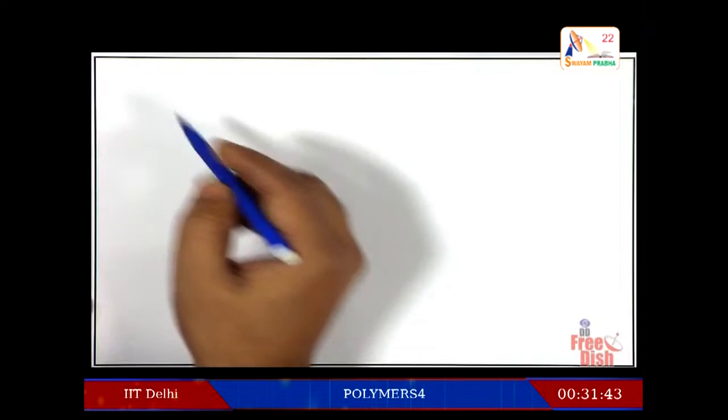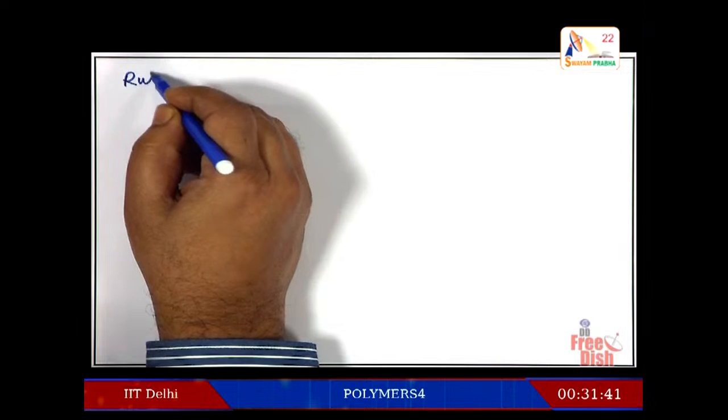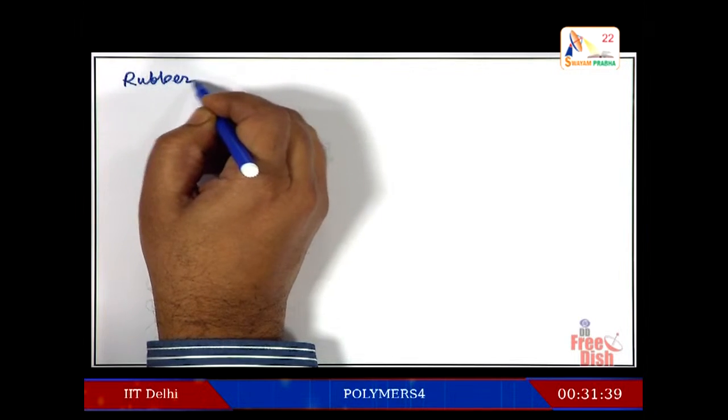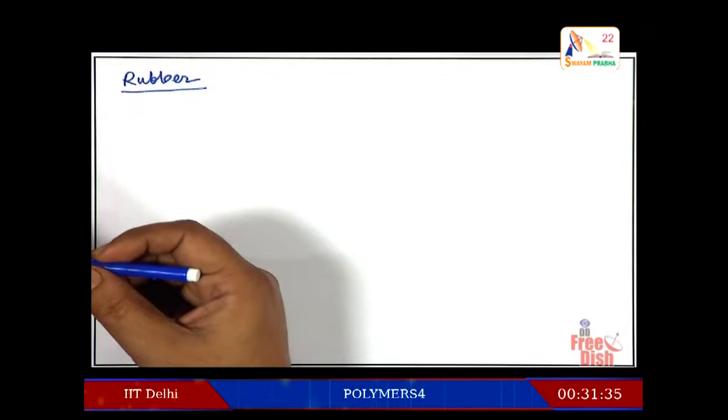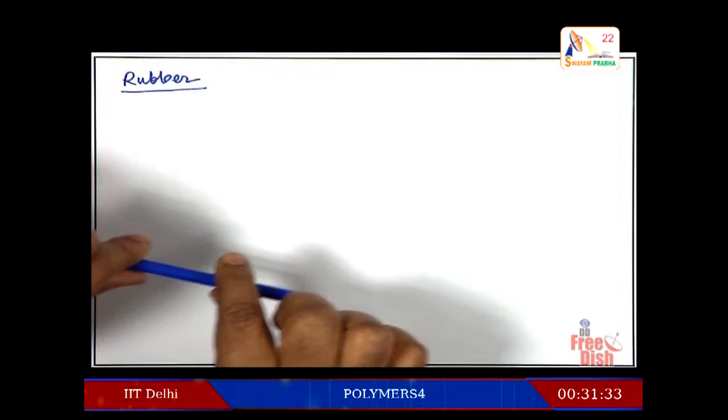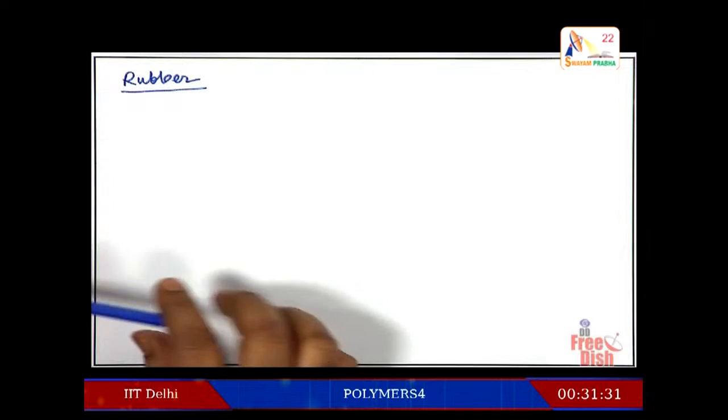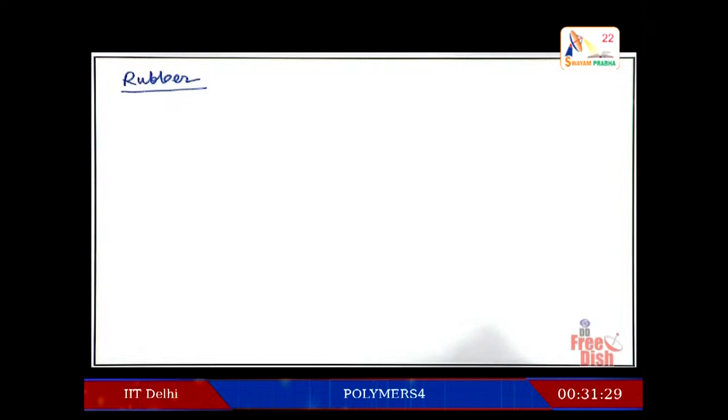So, next we will discuss the next topic, which is about rubber. Now, obviously, when you talk about rubber, it must be an elastomer, where the most common example is the rubber band. You stretch a rubber band easily, and when you leave it, it will come back to the original dimension because of its elasticity.